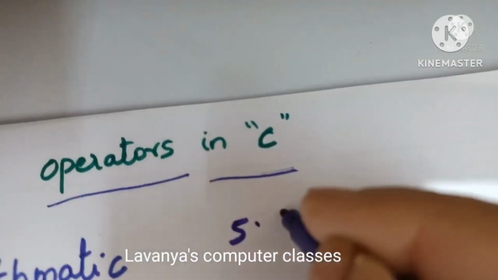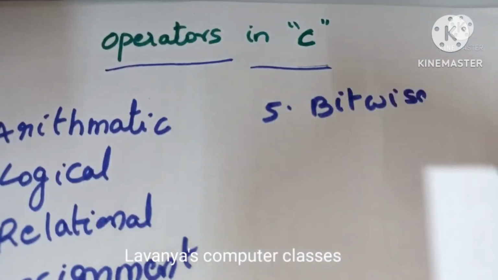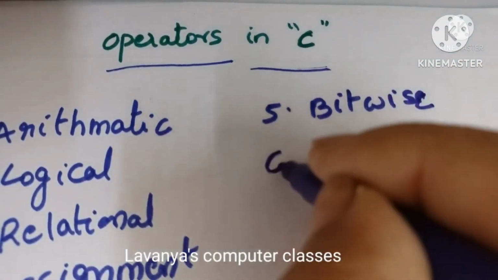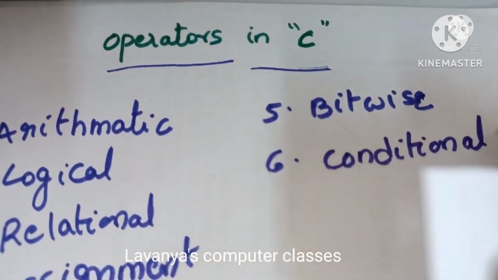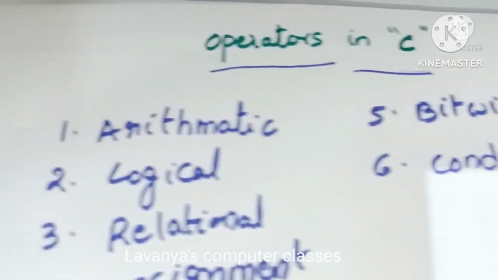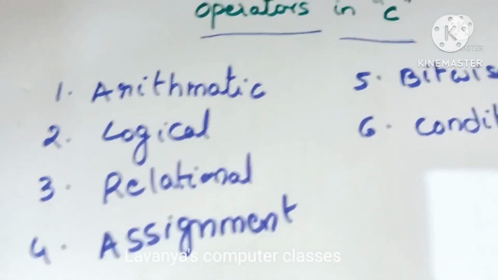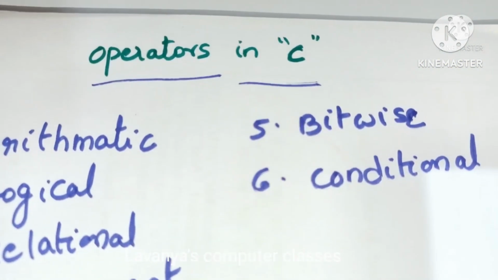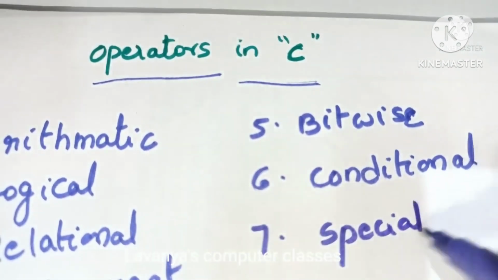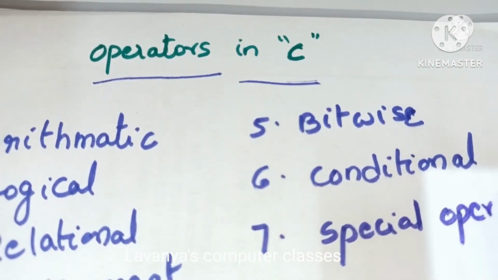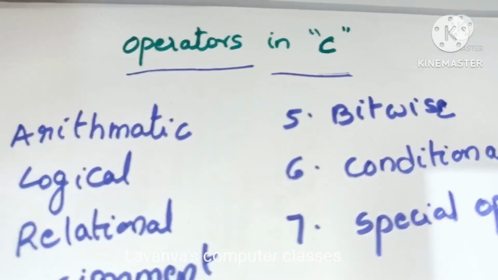Fifth one is bitwise operators. Sixth one is conditional operators. And some special operators are also available. So these are the operators available in C language.